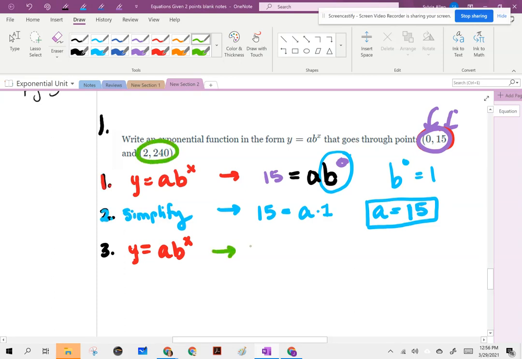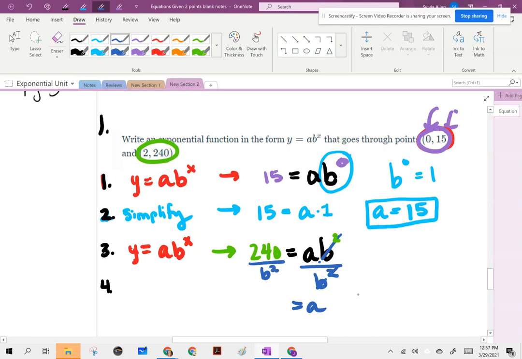Okay, so y is 240 is equal to a, b, and then my x is 2. And again, I'm solving for a, which means on step 4, I need to divide by b squared because I have to get a by itself. And whatever I do to one side, I do to the other side.